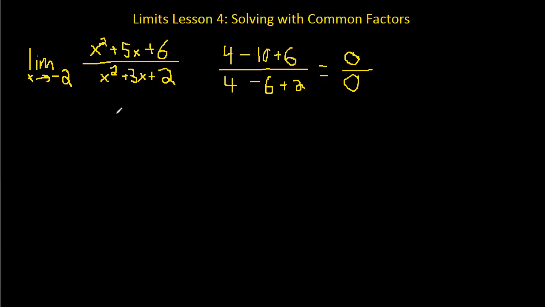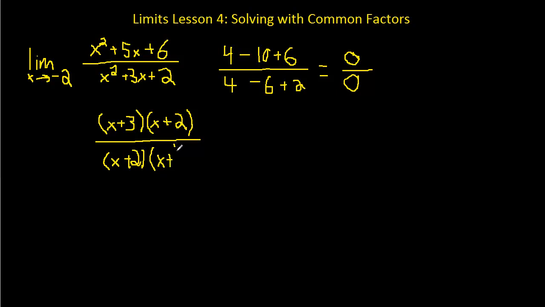X squared plus 5x plus 6 is going to go to x plus 3 times x plus 2 over x plus 2 times x plus 1.